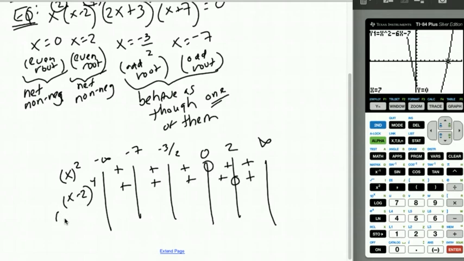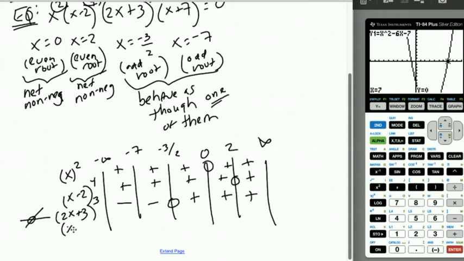And then this 2x plus 3 to the 3rd, I think it's a 3rd, maybe it's a 5th, 3rd. It's going to behave as though there's only one of them. It's going to behave as the 2x plus 3 does, because if you cube a negative, it's still negative. If you cube a positive, it's still positive. So it's going to behave just like the line would have behaved.